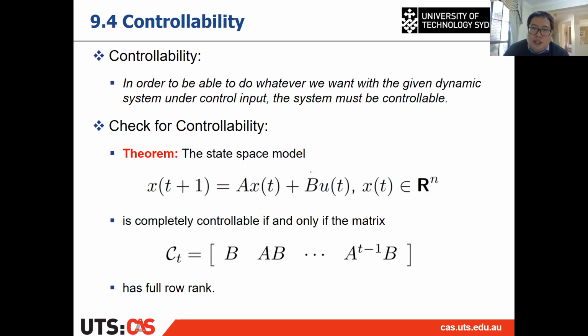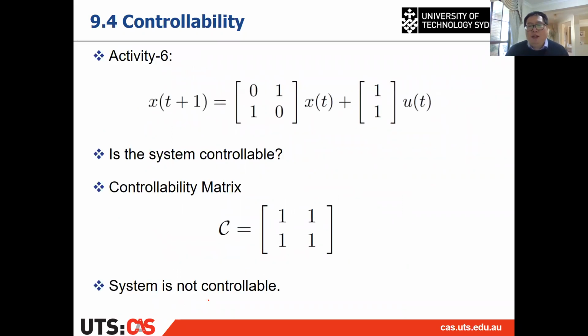And again, the controllability matrix is exactly the same, and the criteria is exactly the same as well, compared to the linear continuous time system. So for the controllability, it's exactly the same as the continuous one. But for the stability, they're different. And then we have some activities about how to check the controllability.